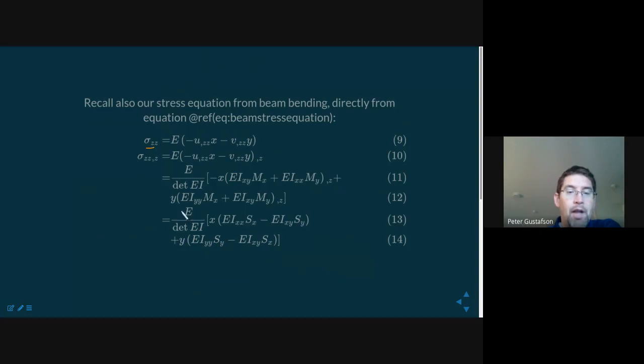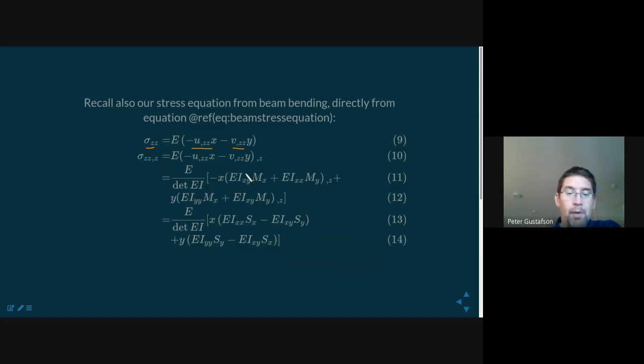And you remember from our beam discussions that sigma ZZ, the bending stress along the axis, is equal to the modulus times the curvature times position. Right, so E times minus U comma ZZ, that's curvature, times X position, minus V comma ZZ, curvature in the other direction, times Y.